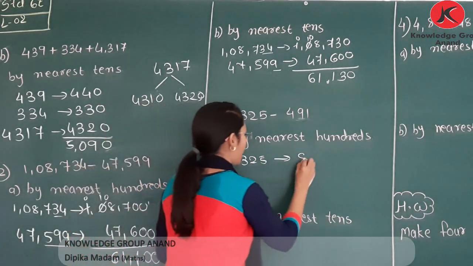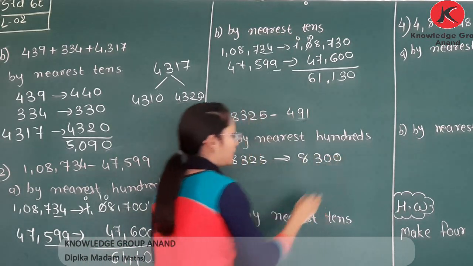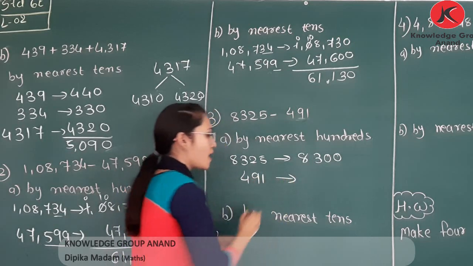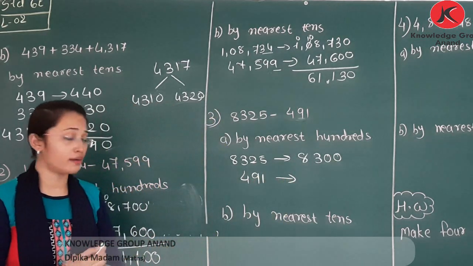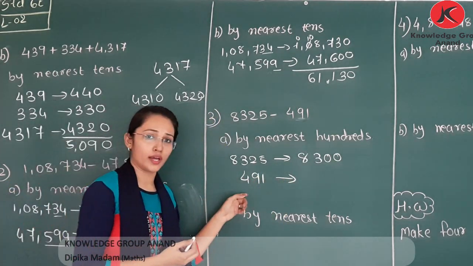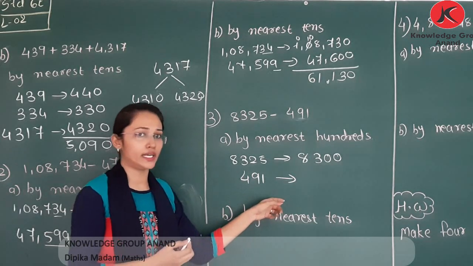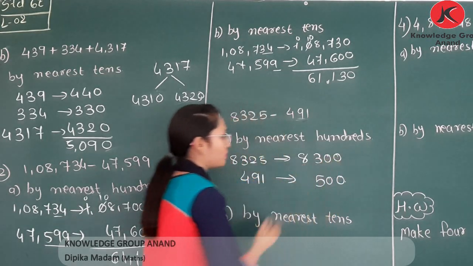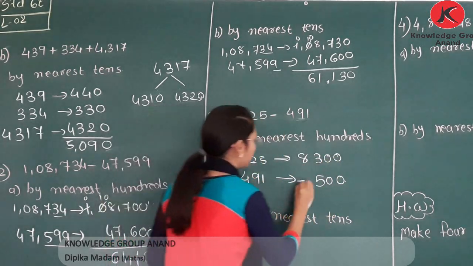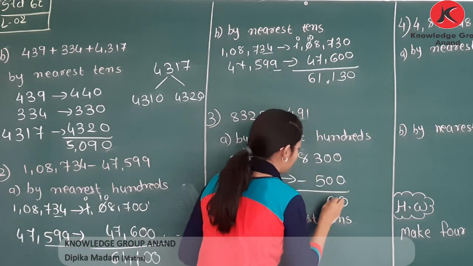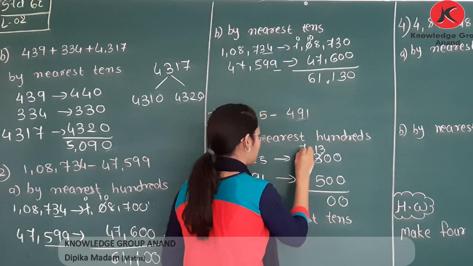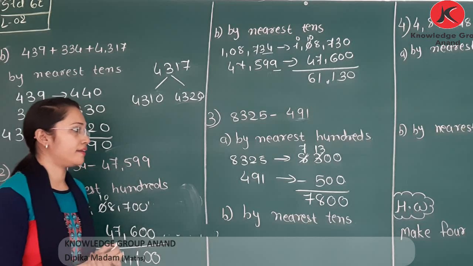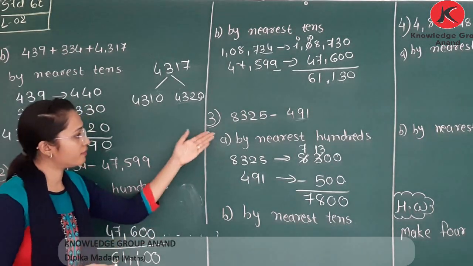So it is 8,300. Okay, next number 491. Between which two hundreds values? It is between 400 or 500, but nearby 500, so estimated to 500. Now perform the subtraction. So 7,800 is the answer for the 100 estimation.